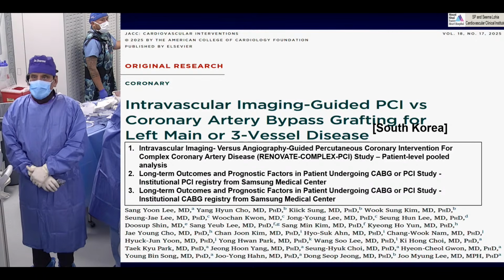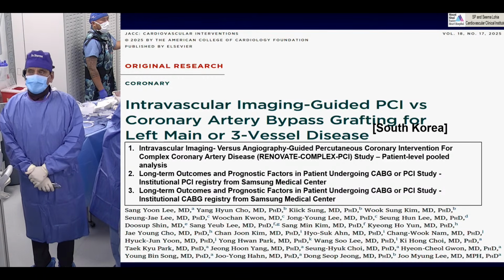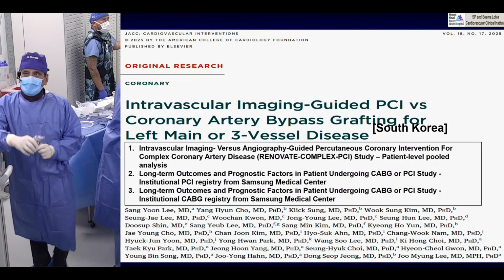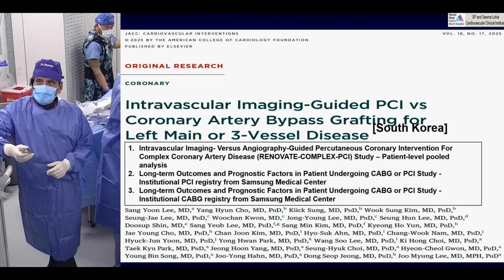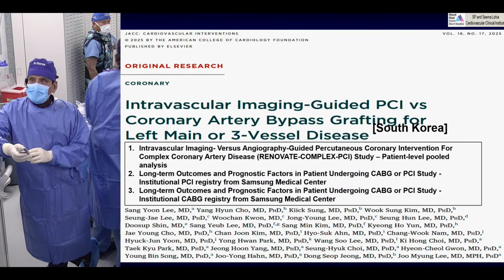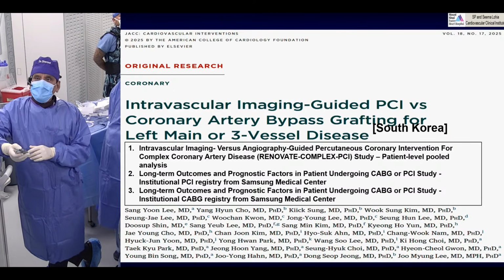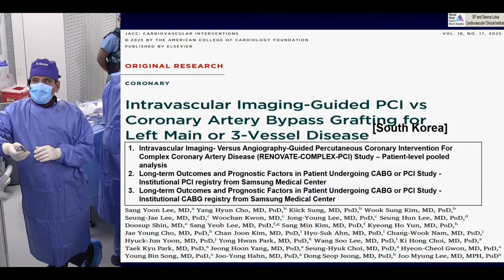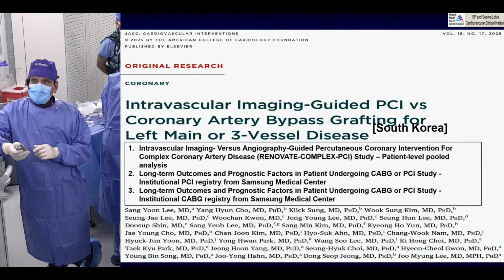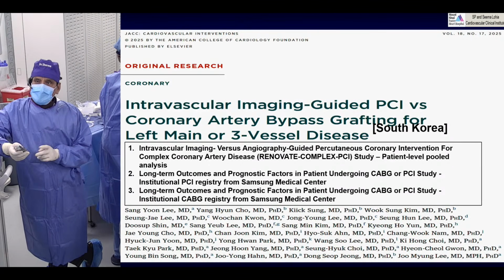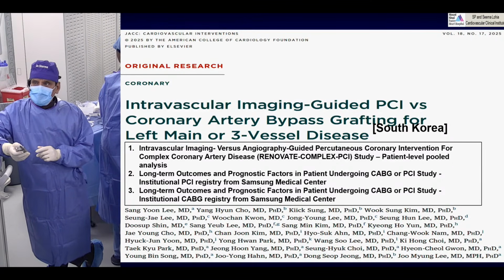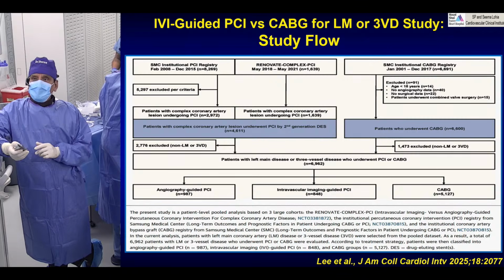Third is whether IVUS makes a better difference in terms of our outcomes with left main and three-vessel disease, with three studies, the Renovate Complex PCI, all done from Korea. Then the long-term outcome and prognostic factor in patients undergoing CABG or PCI study, from Samsung Medical Center, and then the long-term outcome of prognostic factors in patients undergoing CABG or institutional CABG.